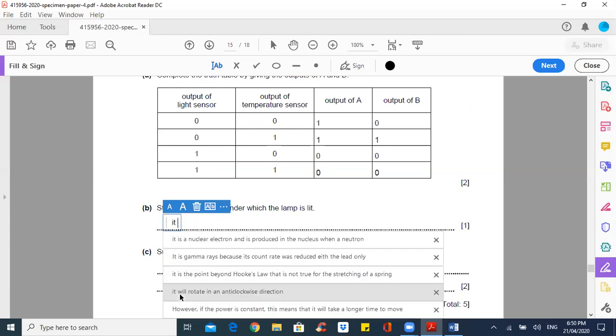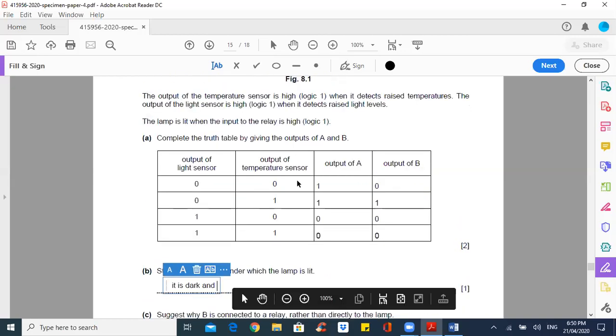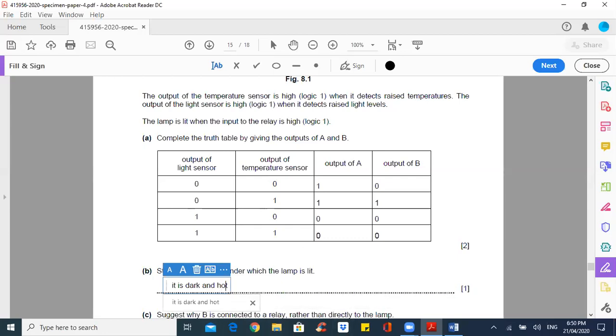It is dark, and we talk about the temperature now. What happened to the temperature sensor? It has a 1, so that means it detects a raise in temperature. So when it is dark and hot, hot means you have an increase in temperature. You could put low level of light and an increase in temperature.